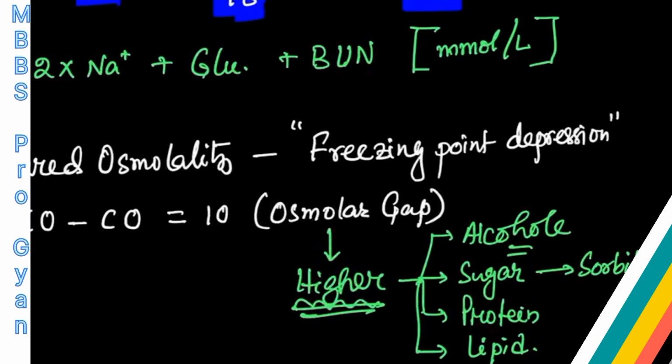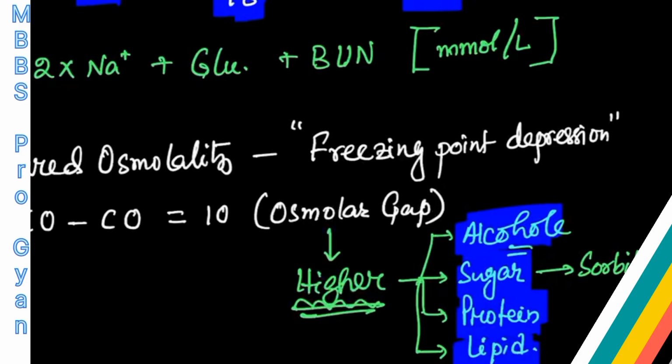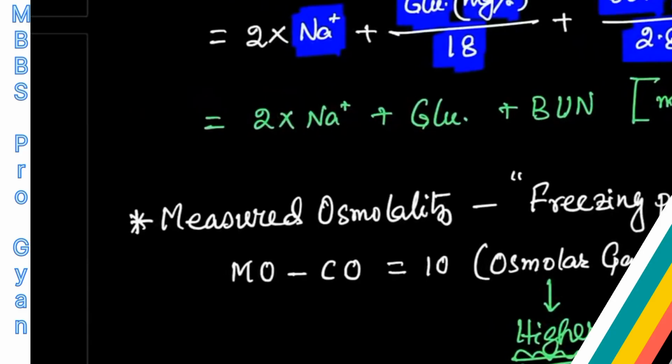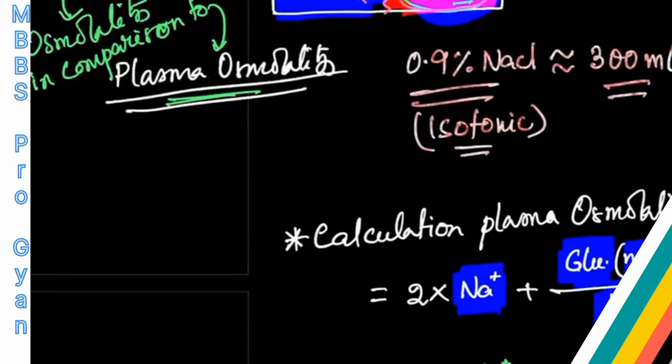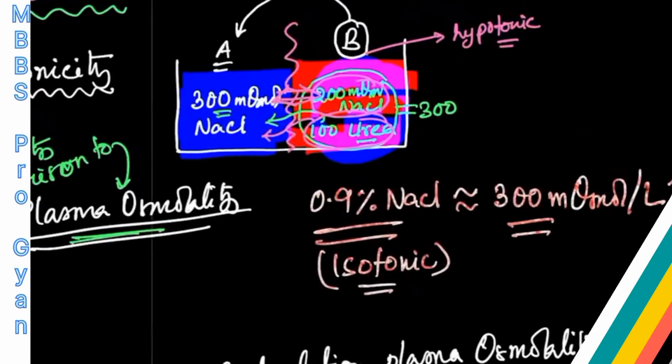So please remember, the normal osmolar gap is 10, but if it is greater than 10, that means some unmeasured osmoles are present in the plasma, maybe in the form of alcohol, sugar, protein, or lipid. So these are the applied things that you have to remember about osmolality.